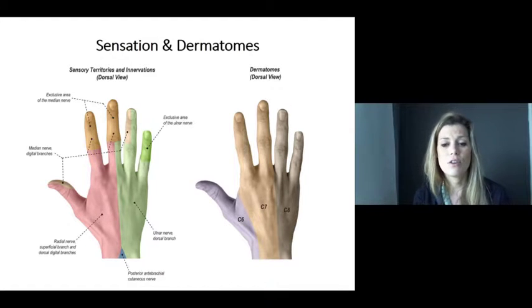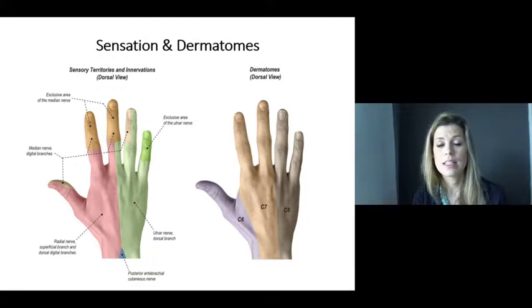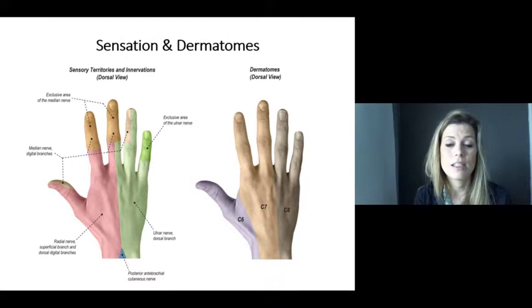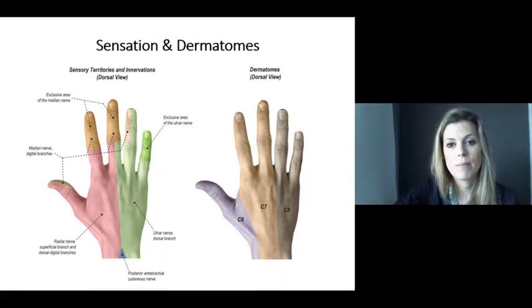The C6 nerve root is oftentimes tied to the entire thumb having sensory deficits. The C7 nerve root is oftentimes tied to the entire middle finger and sometimes the index finger. And the C8 nerve root is oftentimes tied to the entire small finger and sometimes the ring finger having sensory deficits.